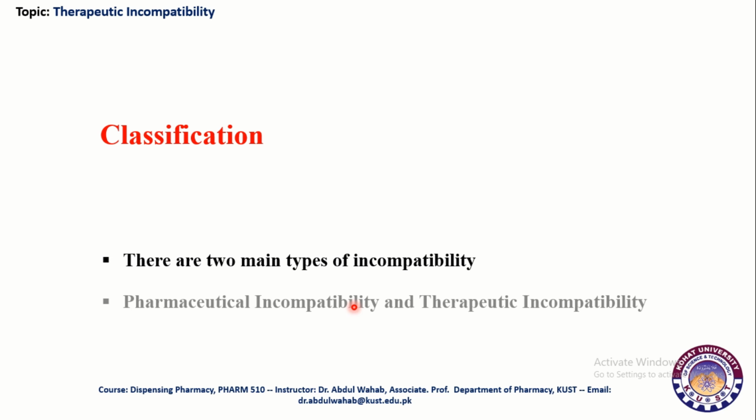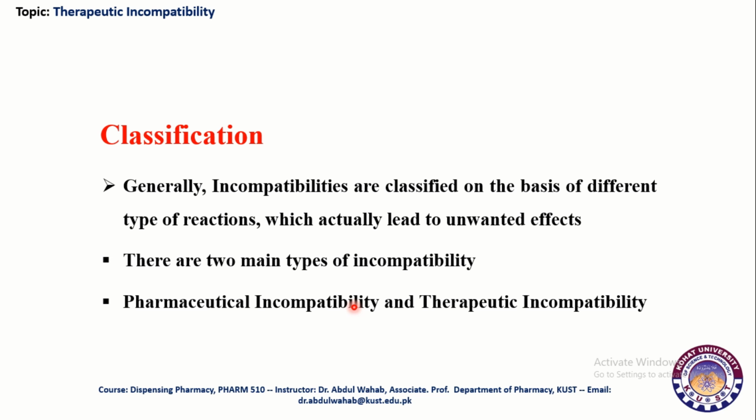So, classification. Generally, incompatibilities are classified on the basis of different types of reactions which lead to unwanted effects. There are two main types: pharmaceutical incompatibility and therapeutic incompatibility. We have already studied pharmaceutical incompatibility in previous lectures, like physical incompatibility and chemical incompatibility.